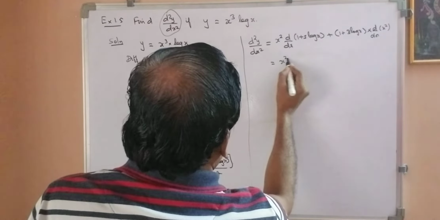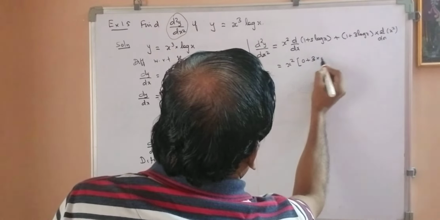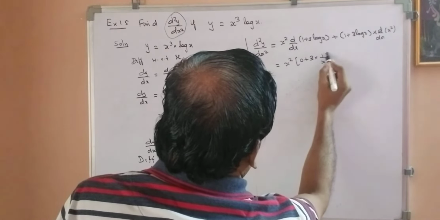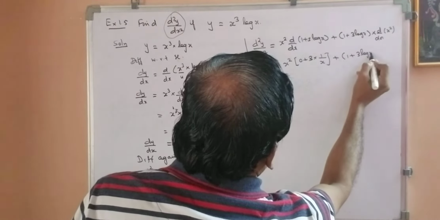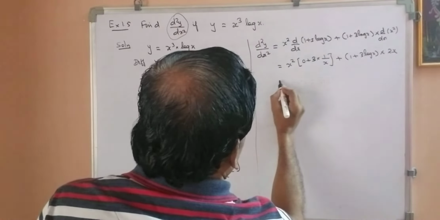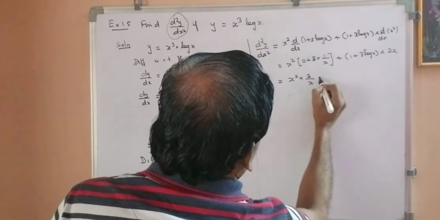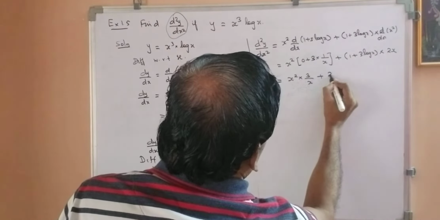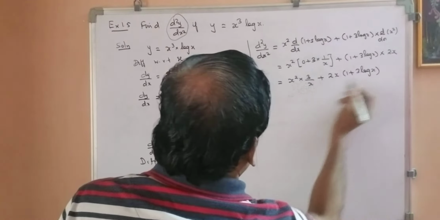So x square into, what is the derivative of 1? 0. 3 into what is the derivative of log x? 1 upon x. Plus 1 plus 3 log x into what is the derivative of x square? 2x. So this is x square into 3 upon x plus 2x into 1 plus 3 log x.